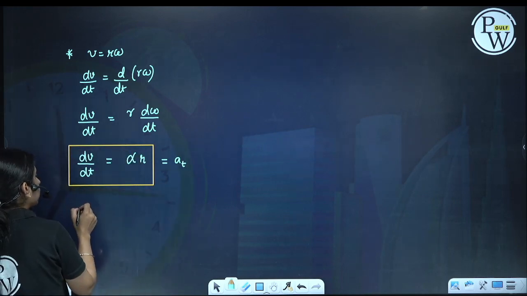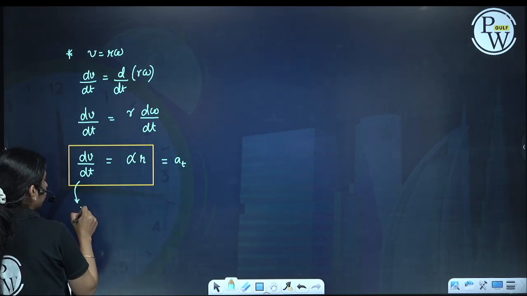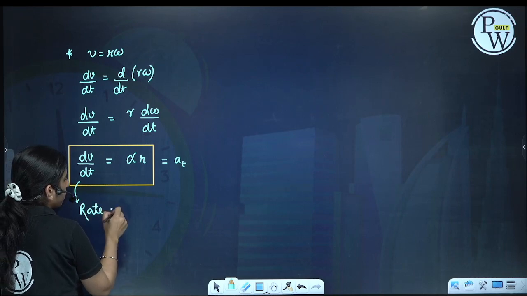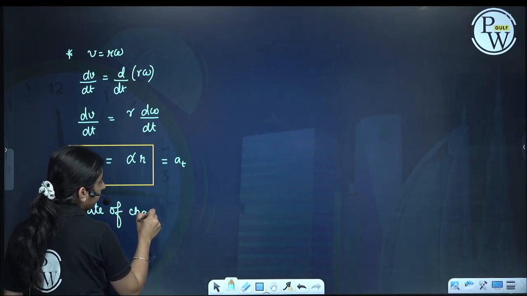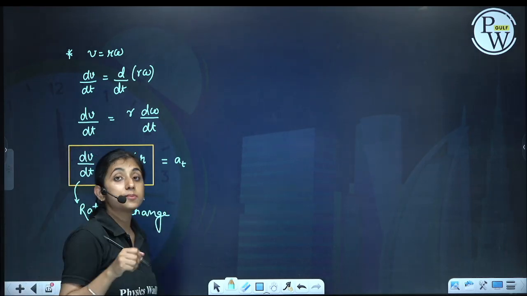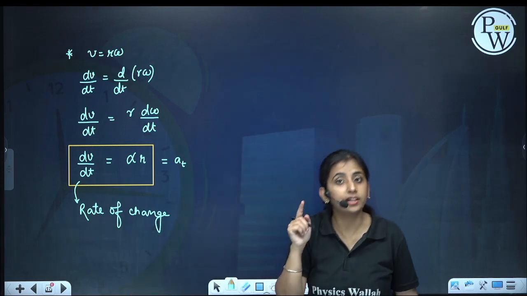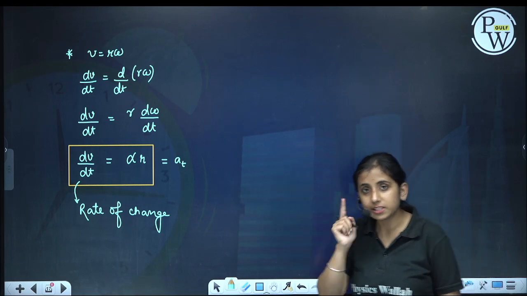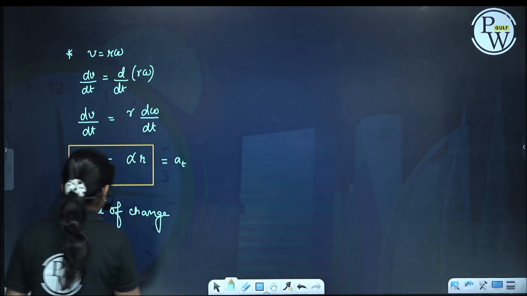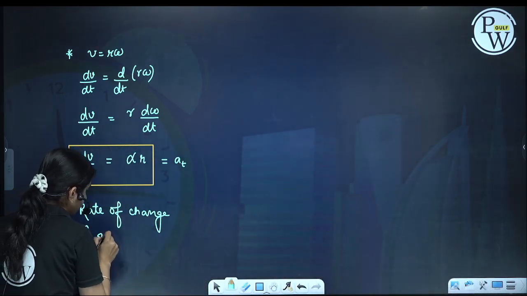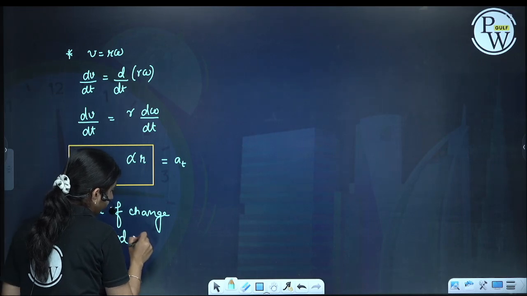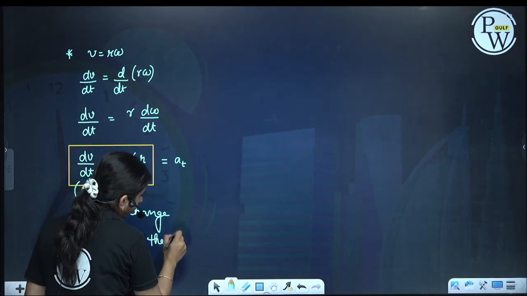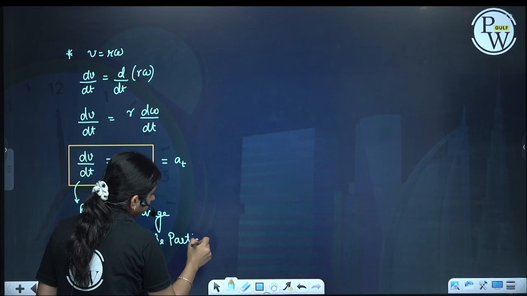Now what is dv by dt? It is the rate of change of magnitude of velocity. What is the magnitude of velocity? Speed. So what is AT? It is the rate of change of speed of the particle.